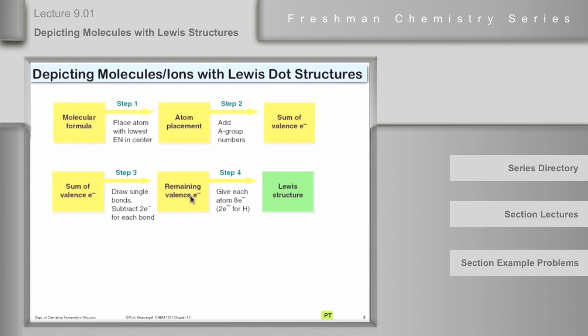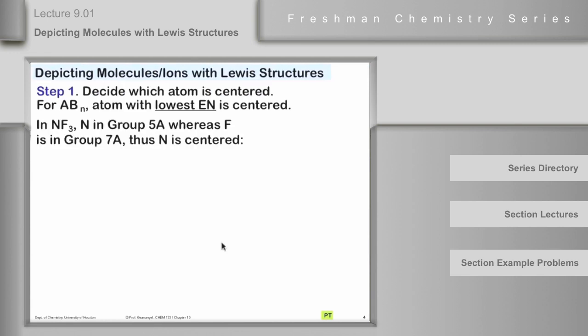Then we take the remaining valence electrons and we put them around the outside atoms to make octets, or in the case of hydrogen, make duets. And if there are any electrons left over after we've made all those octets, they go on the center atom. Okay, so those are the steps, and I want to just take you through a molecule and an ion and a few other cases.